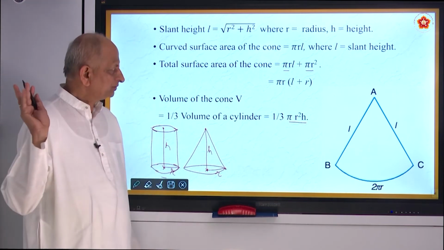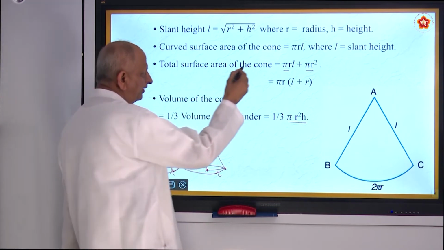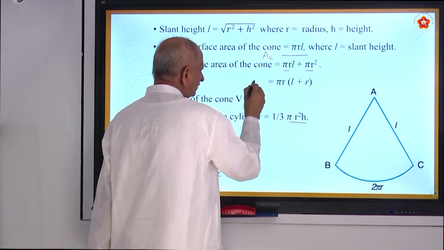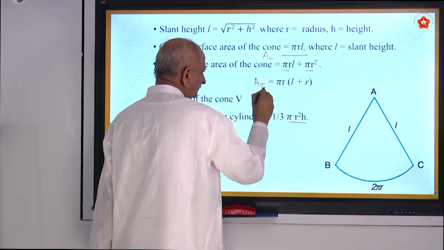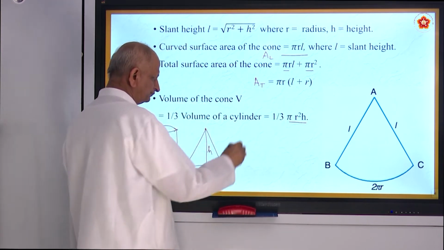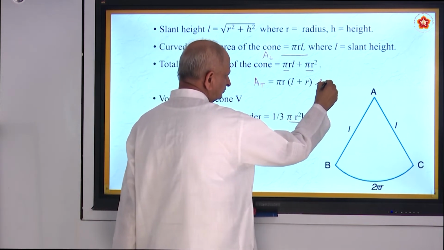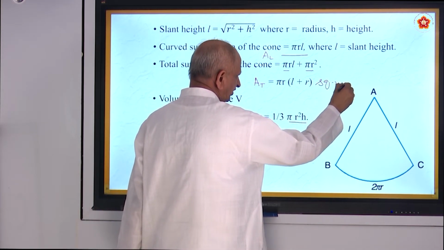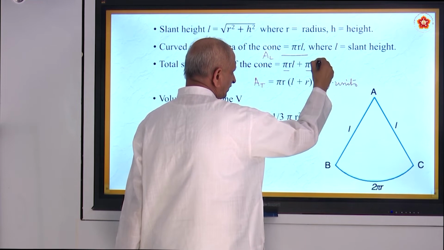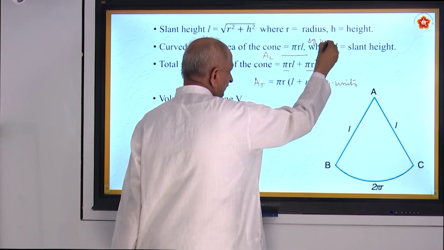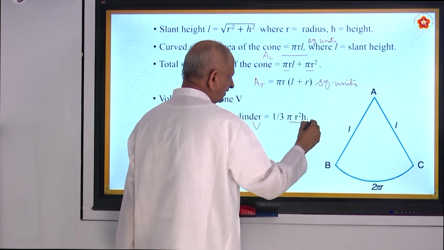Is it clear? So note the 3 important formulas. One is pi r l, we call it as A L. Pi r into l plus r, we call it as A T. And this we call it as V. What is the unit? So much of square units. Don't forget to write the units. Here also square units. In the exam they give half mark for that.